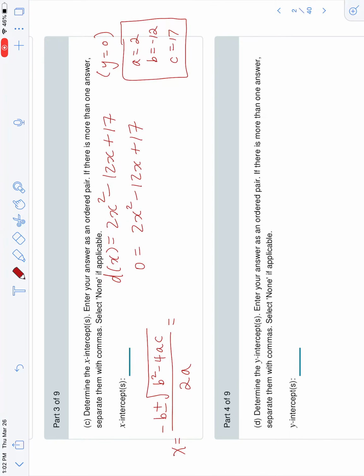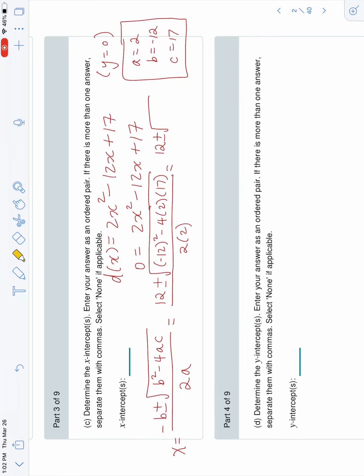So we're going to plug all these into our quadratic formula. First, the numerator, I will have positive 12 plus or minus the square root of negative 12 squared minus 4 times 2 times 17. And these are all getting divided by 2 times a, which is 2.